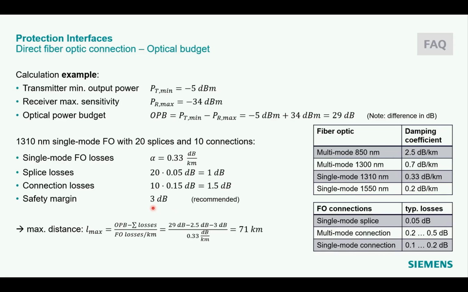So here we recommend to use 3 dB. So the maximum distance which you can bridge with this application is the optical budget minus all the losses, divided by the fiber optic losses per kilometer, and this gives you, in this example, 71 kilometer maximum distance.